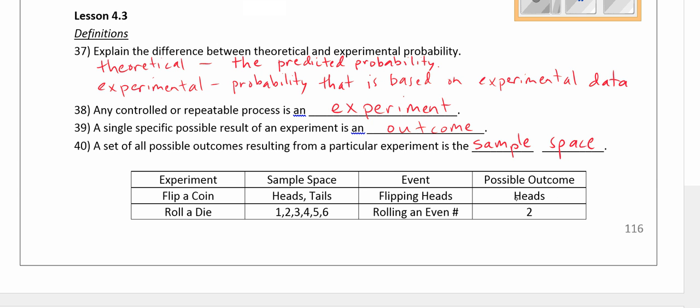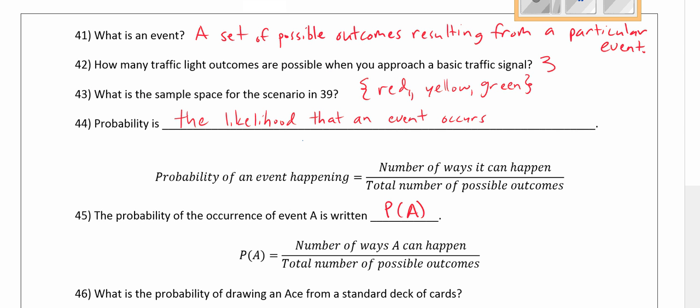I get a heads. So let's say we roll a die. Well, my sample space is the numbers 1 through 6. Those are the different things I could roll. An event would be rolling an even. An outcome would be I actually toss the die and I get a 2. That's an outcome. An event is a set of all the possible outcomes resulting from a particular event.